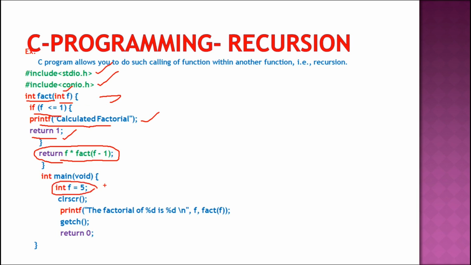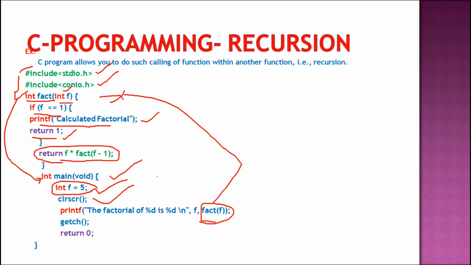What I want to convey is that whenever we execute our program, first it looks into the header files, then gets into the main function, then it looks into our f value, then clears the screen, and after that it looks into what we want to execute. We ask it to execute the factorial function, so it will look into the factorial function, the integer factorial int.